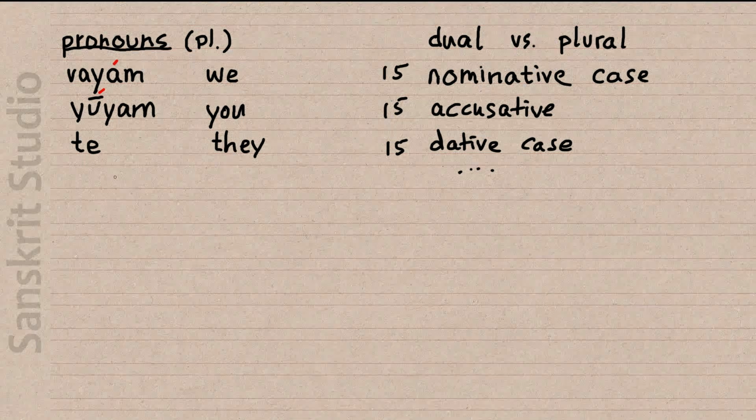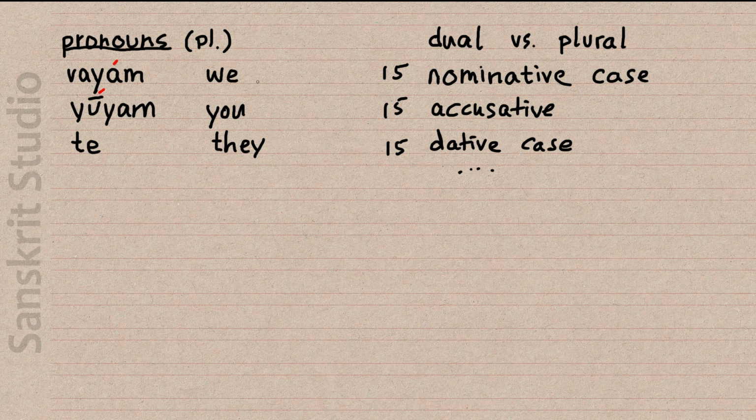Another thing to keep in mind here is that te is not a unique pronoun. This form appears also, for example, in the dual number. So it does not always mean they in plural. But we'll come to that.